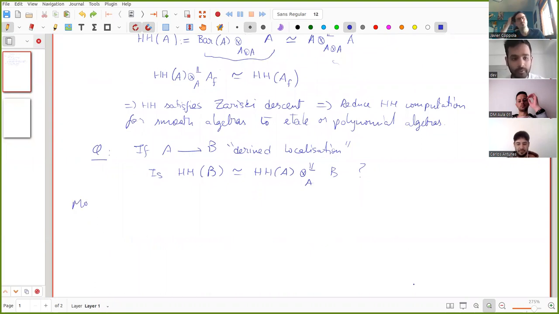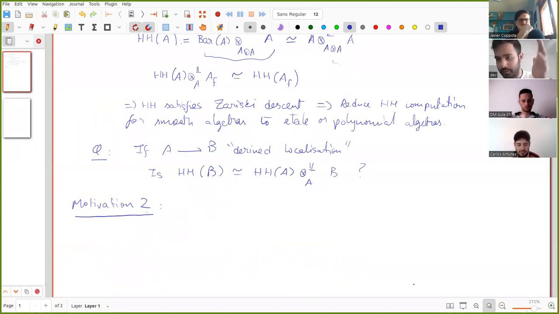Okay, then the second motivation is something that comes from analytic geometry. So this is a motivation which comes from derived geometry. This is a motivation which comes from analytic geometry.